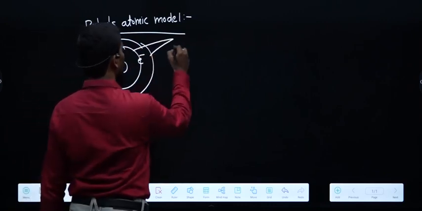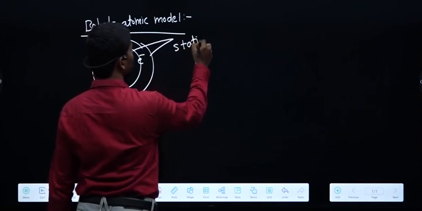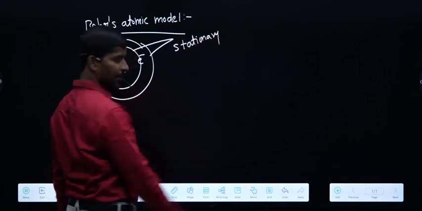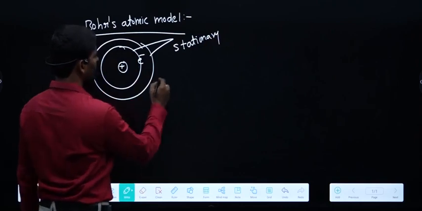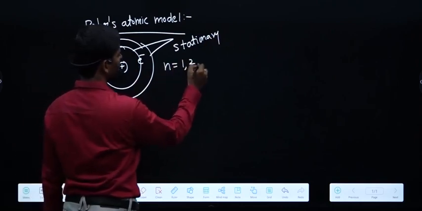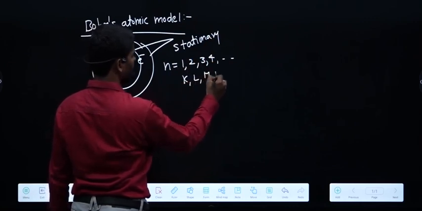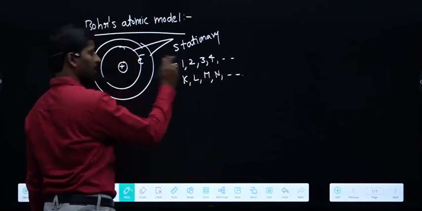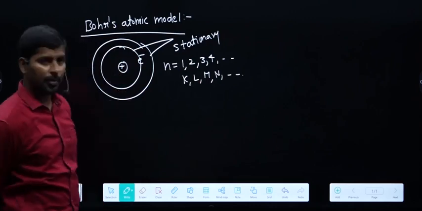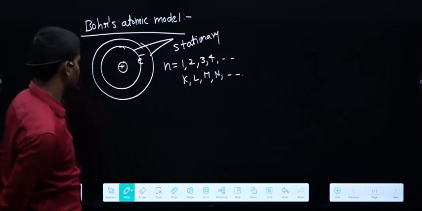That's why these are said to be stationary energy levels or stationary orbits. They are indicated by 1, 2, 3 and so on, or K, L, M, N and so on. K corresponds to first orbit, M corresponds to third orbit, N corresponds to fourth orbit.